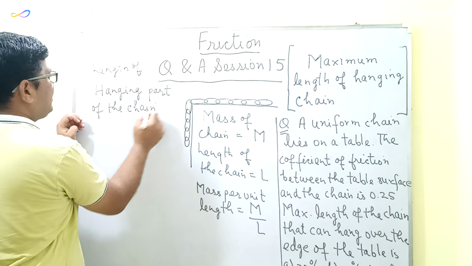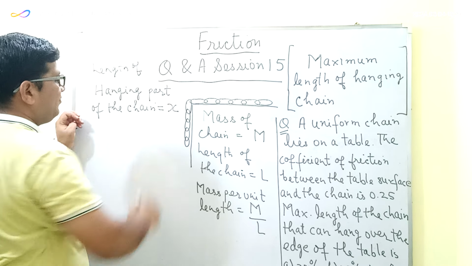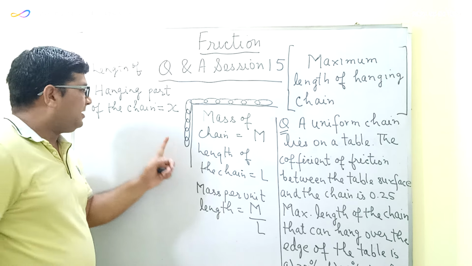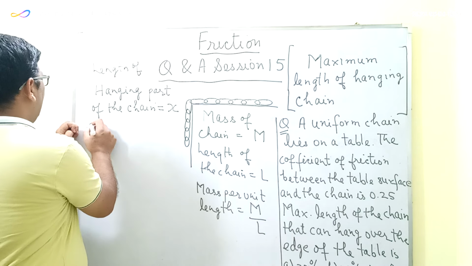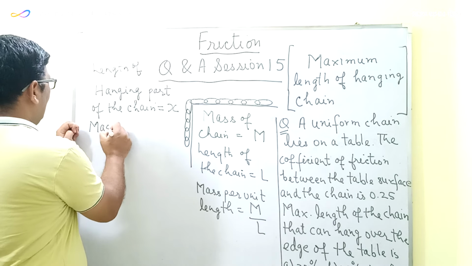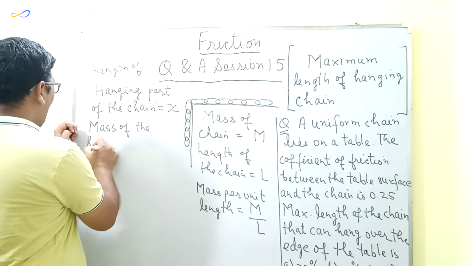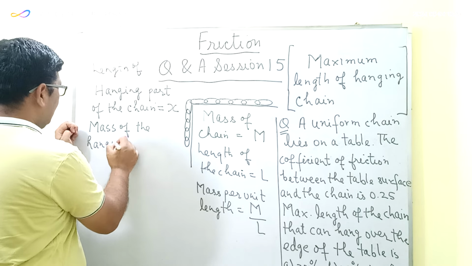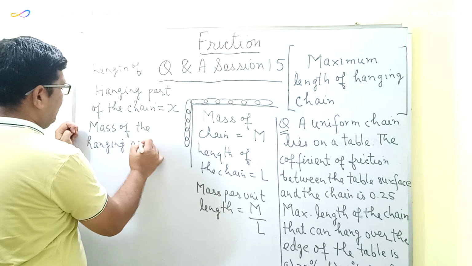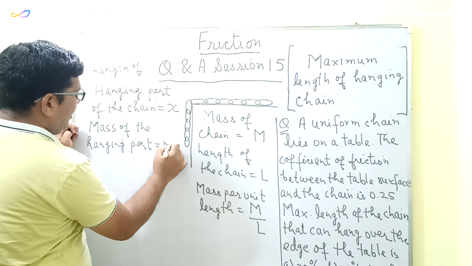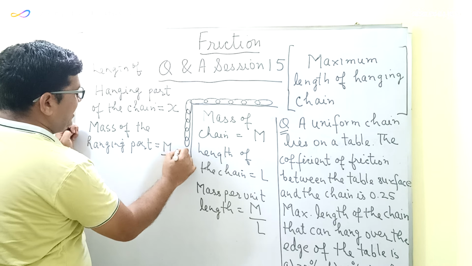Let us consider this as X. If X is the hanging part of this chain, then the mass of the hanging part of the chain will be equal to M upon L, that is the mass per unit length, into X.